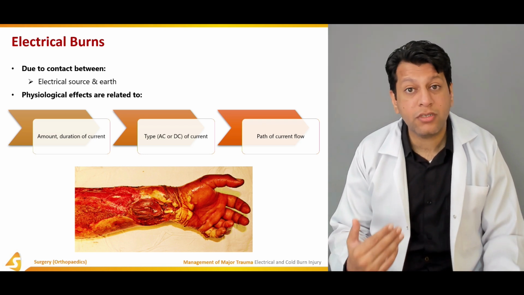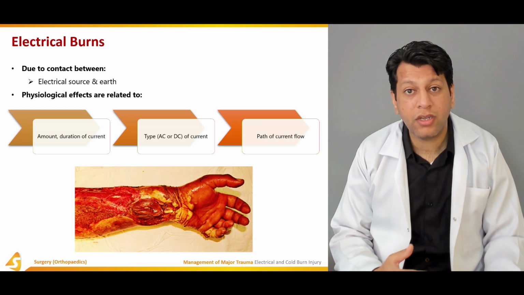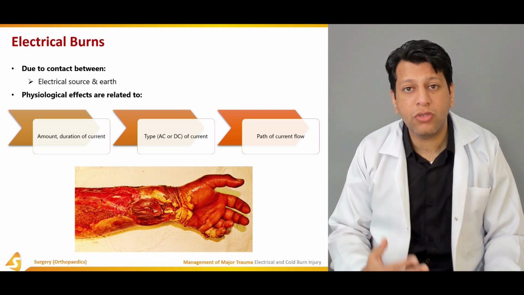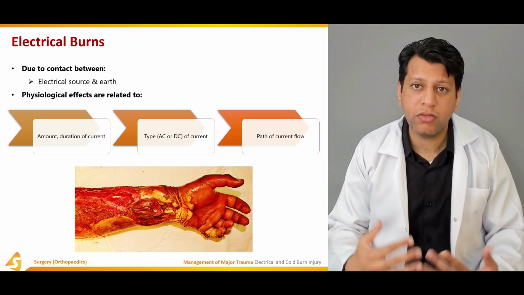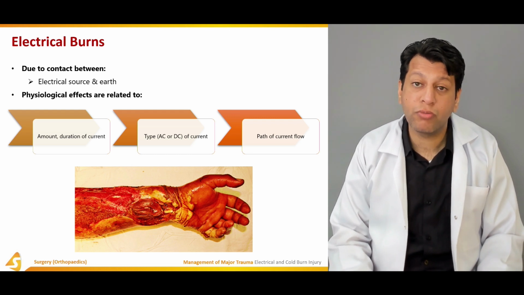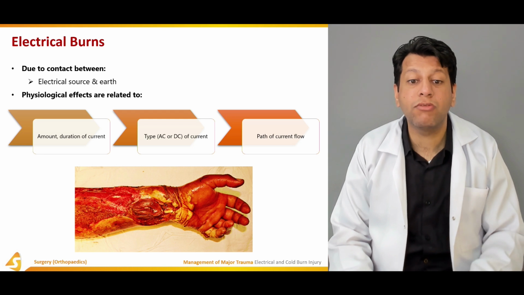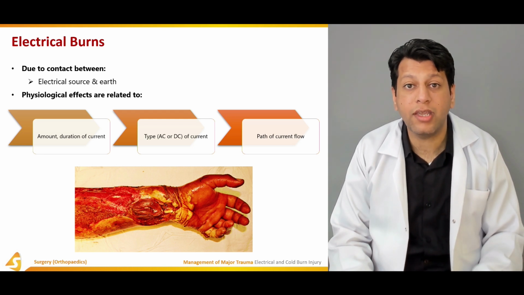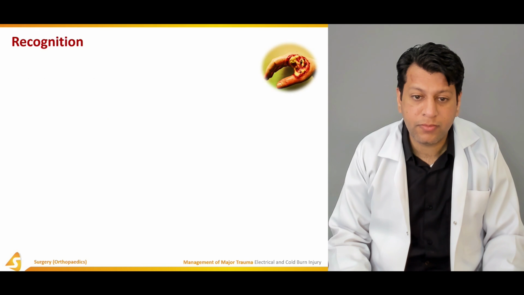But if the exit of the current is through the left foot, this means the whole body would be involved and probably increased damage would be present. So the path of the current flow is also important in determining the damage, along with the amount and duration of the current, and whether it is AC or DC current.